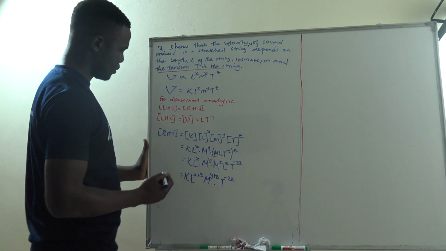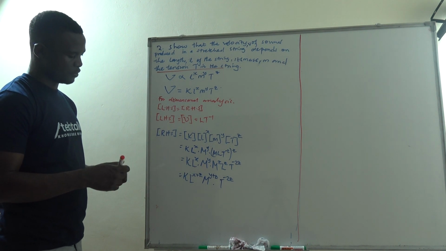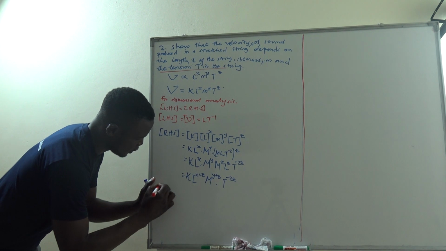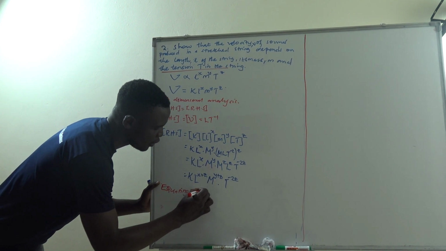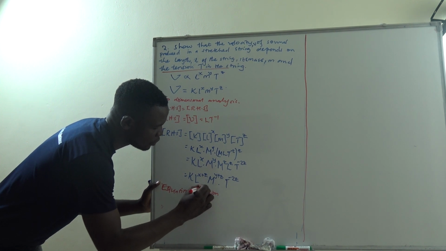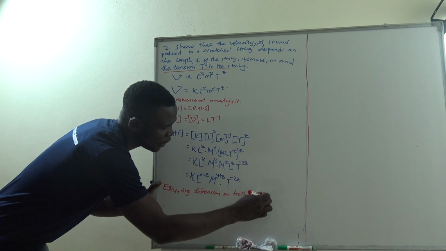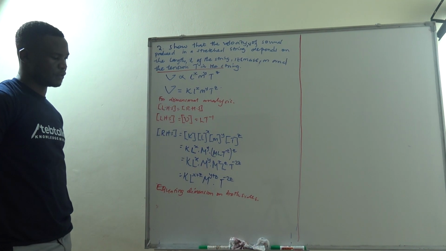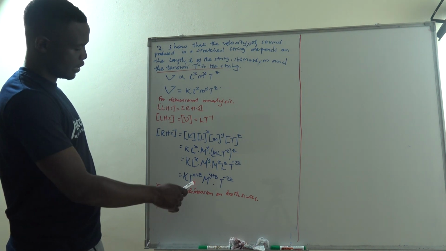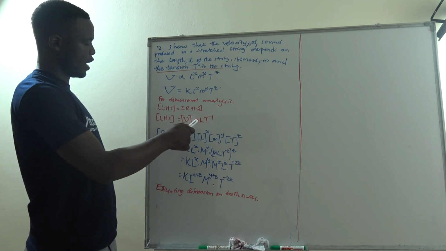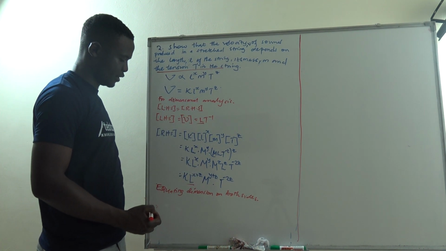Now from here, for dimensional analysis, we are going to equate the dimensions on both sides. Now, we said K is dimensionless. Let's begin with L. We have L on the left-hand side and L on the right-hand side.